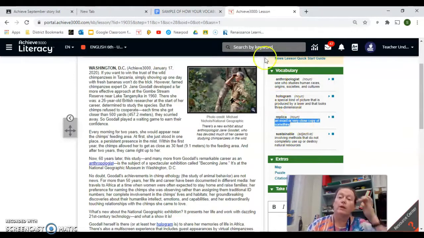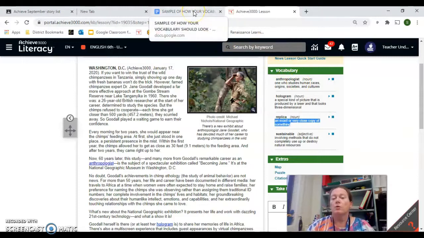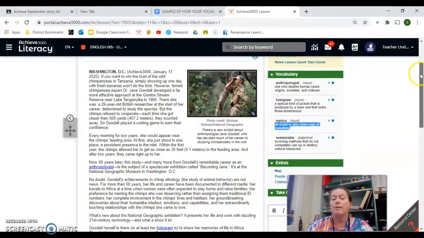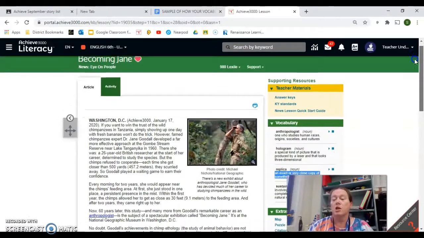So, if my first word is anthropologist, when I send you this assignment, it's going to tell you that you need to put your vocabulary. So you're going to have to tell me which one you are doing. So I have pulled up the ones with Becoming Jane.